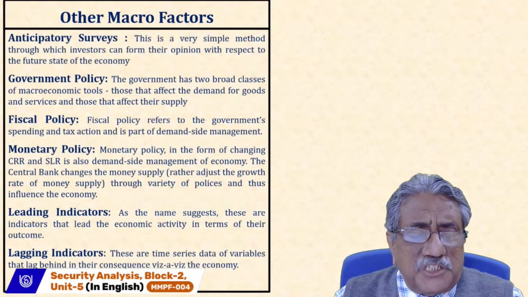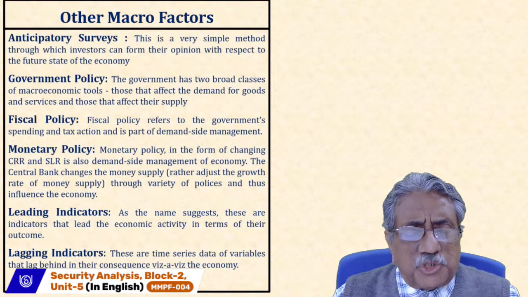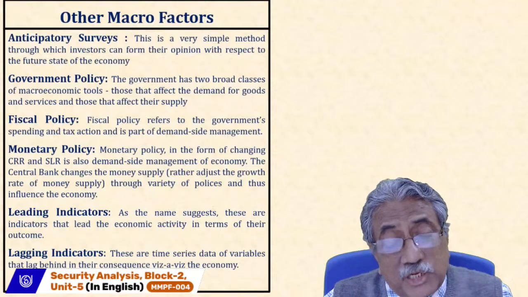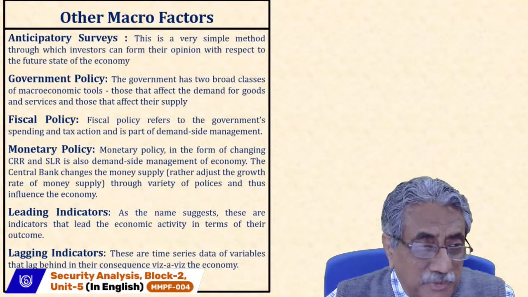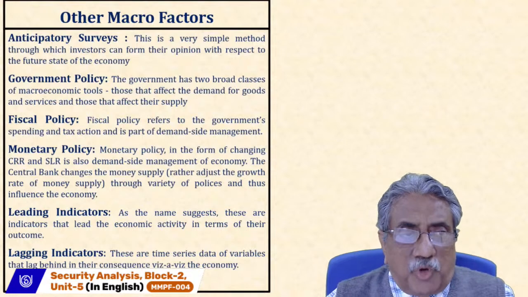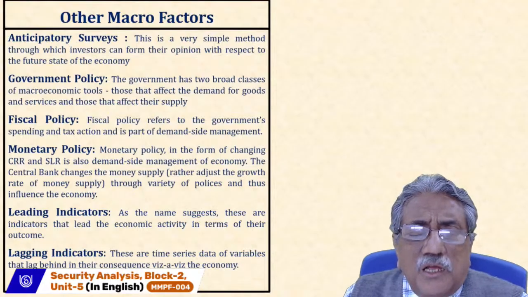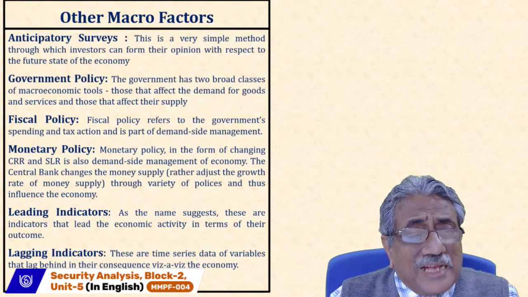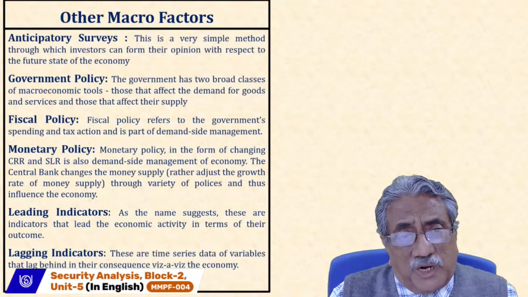Like you might have seen, some people are focusing on pharmaceuticals, somebody is focusing on medical equipment, depending on their competitive advantage and government policy. Fiscal policy: fiscal policy is basically government spending and tax action, and is part of demand side management. What do we mean by demand side management?